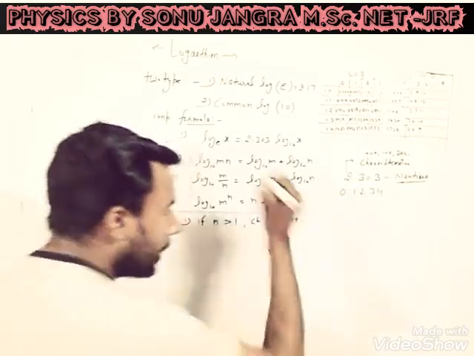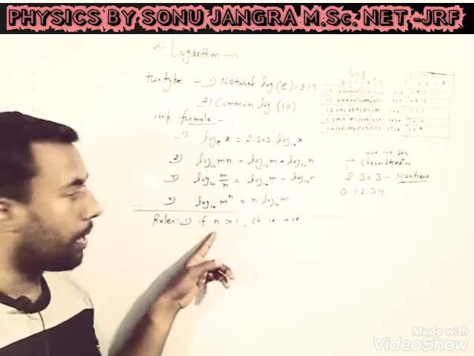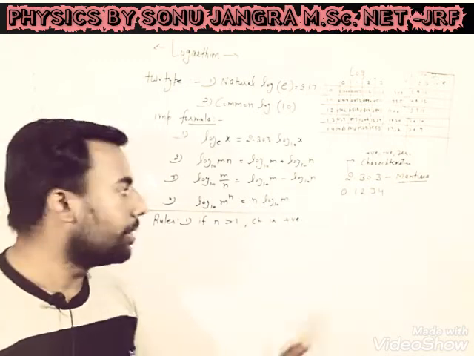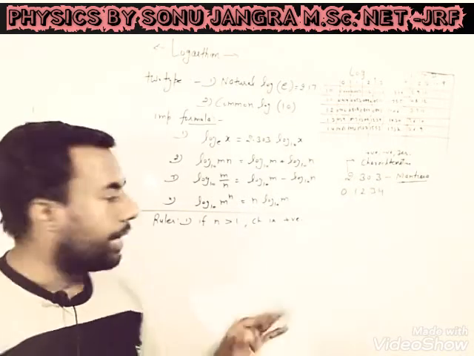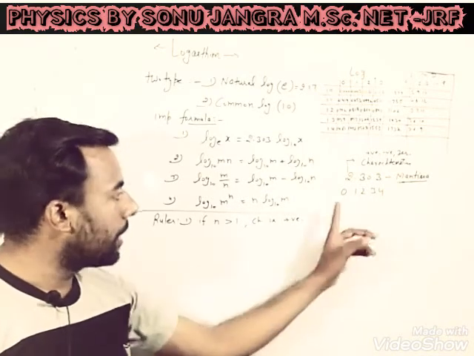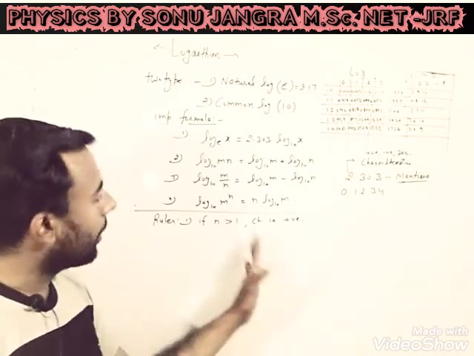This is not about the number itself; the characteristic of the number after finding the log value is taken as positive. And in the second rule, if the number is less than 1, or the number starts from 0, then the characteristic is negative.